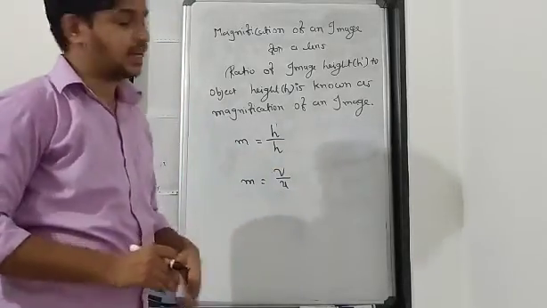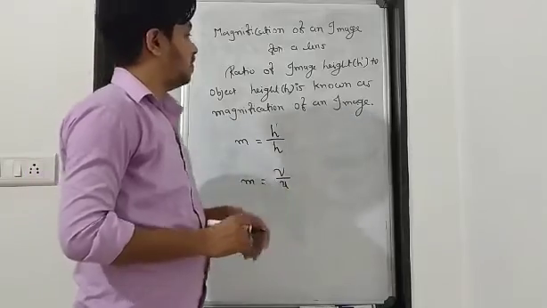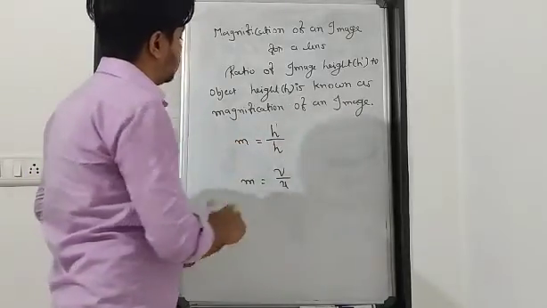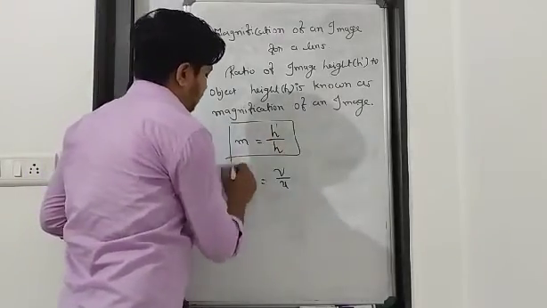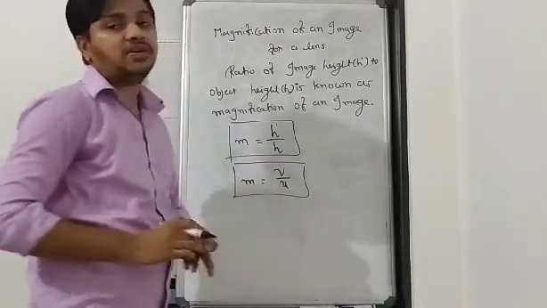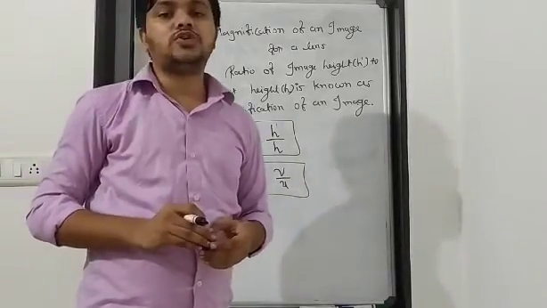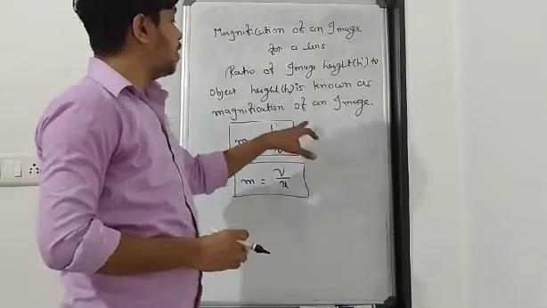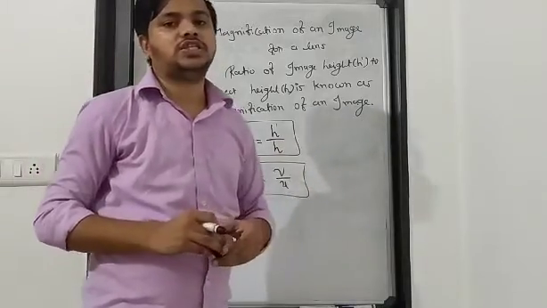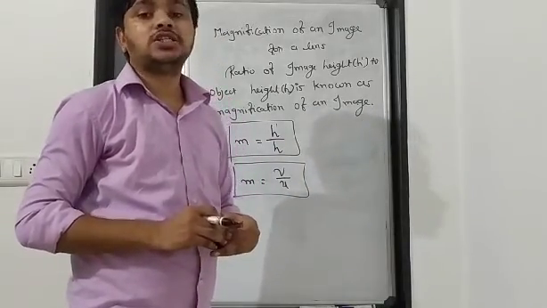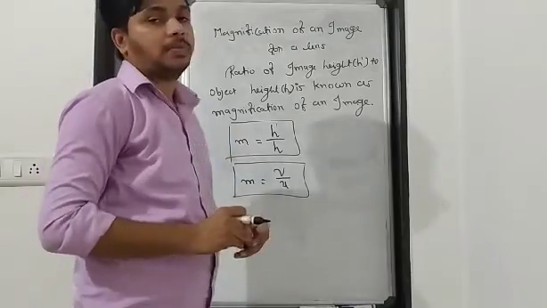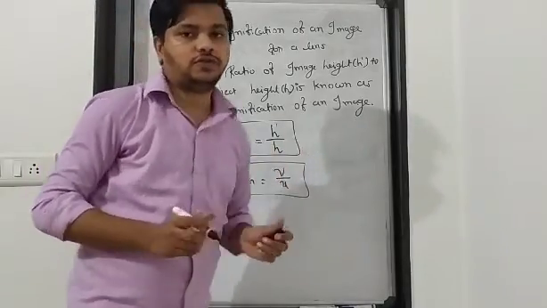So according to it, you can say that here the magnification is v by u. So here are the two formulas of magnification for the lens. So whenever the sums related to the lens are there, you have to use these two equations and the equation for the lens formula. Understand? So you have to remember this. Just watch it for 2 to 3 seconds.